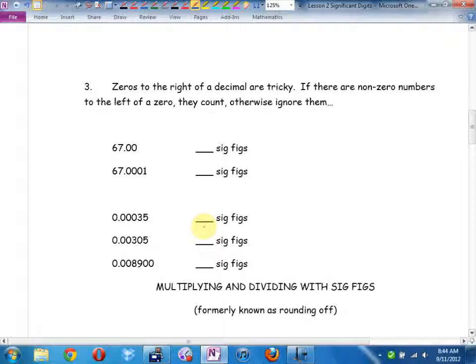If there are non-zero numbers to the left of a 0, they count. Otherwise, ignore them. So, here's our decimal point right here. This here, we would say, has 4 sig figs. Five sig figs.